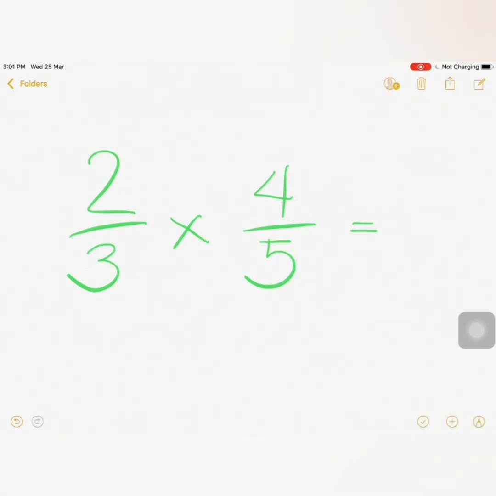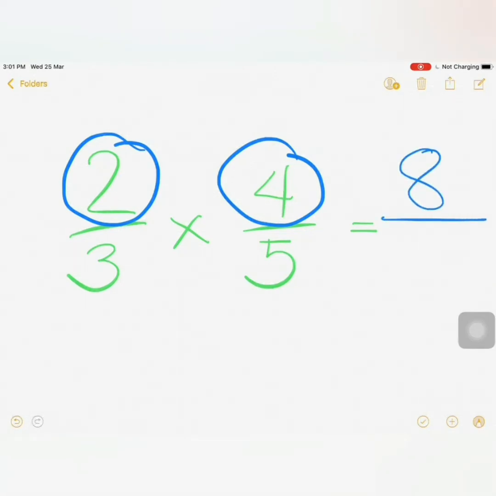So, our numerators are 2 and 4. We will just simply multiply this and it will give us a product of 8. We will do the same with the denominators of 2/3 and 4/5.